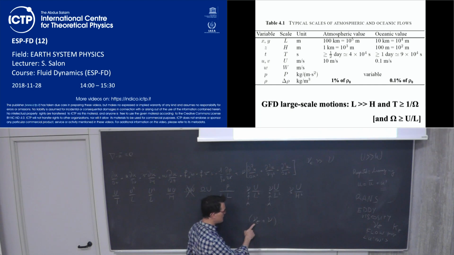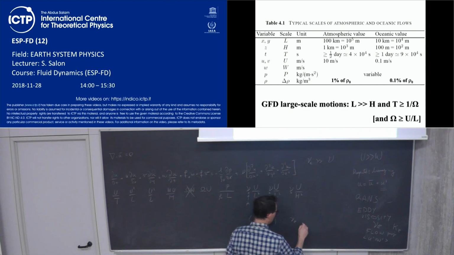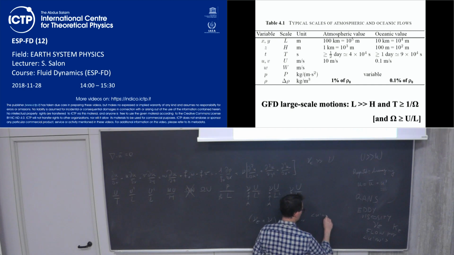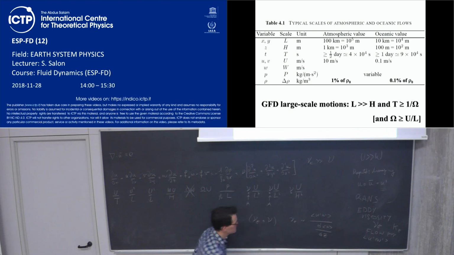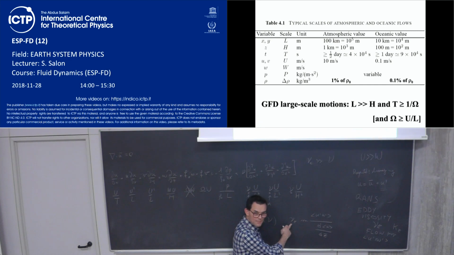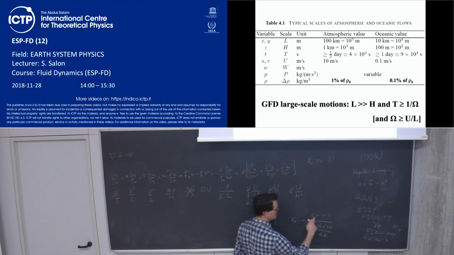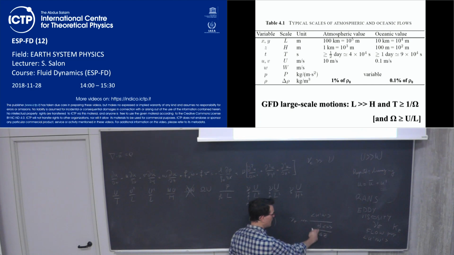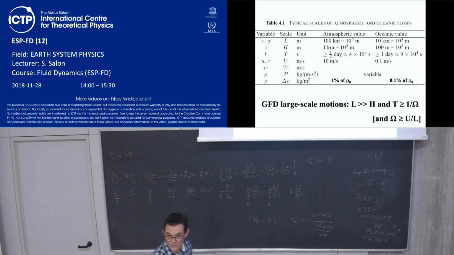That's why the expression is related to an expression like this with the minus. So that's why I told you that eddy viscosity is a property of the flow, because it's related to the correlation between the turbulent component and the mean shear of the fluid.